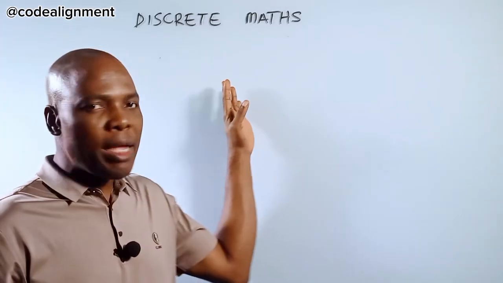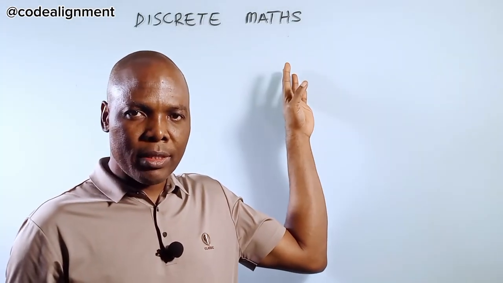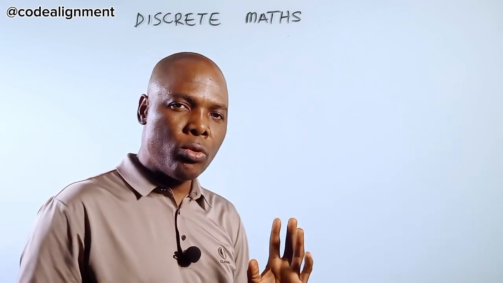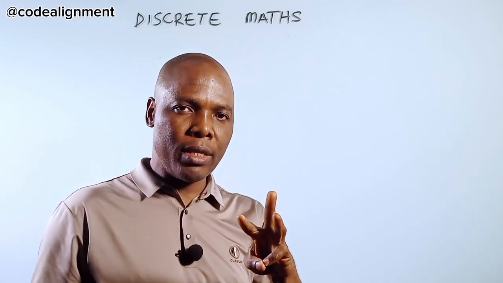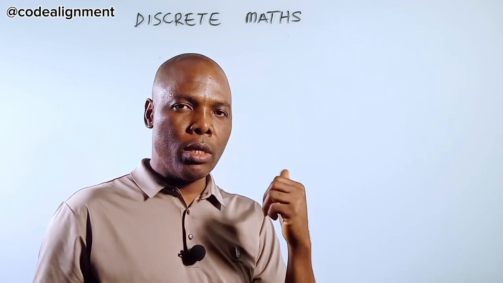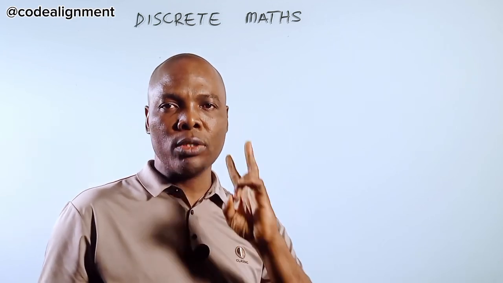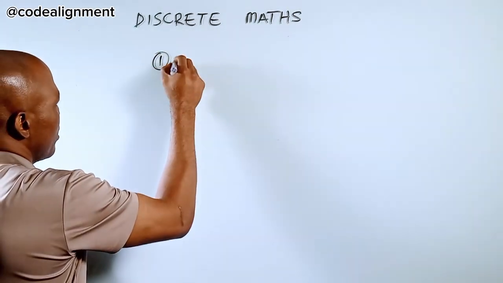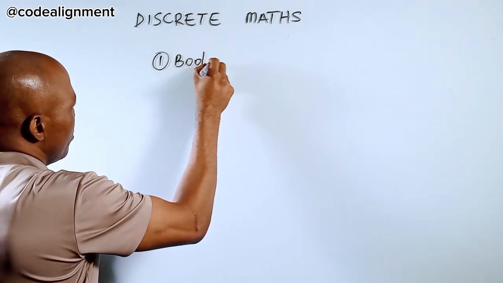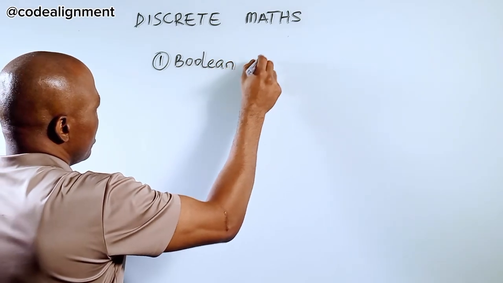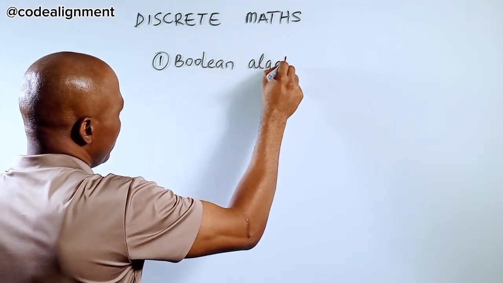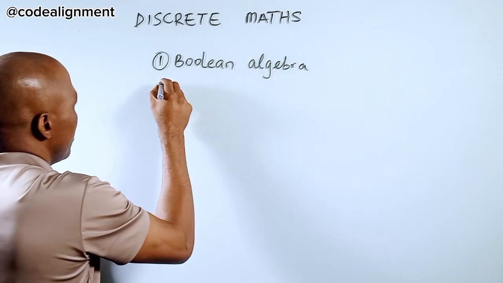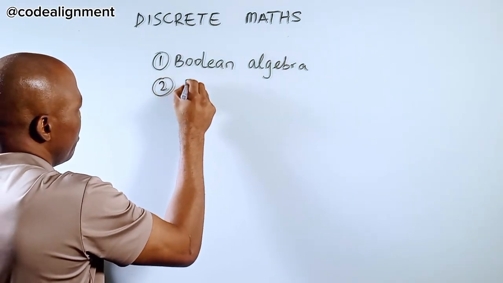All right. So today I'm going to teach you discrete mathematics, and in doing this, I'm going to look at 4 different topics in this module. But probably this class will just allow us to take 2. So the first one will be what? 1, Boolean algebra. And then the second one is what?